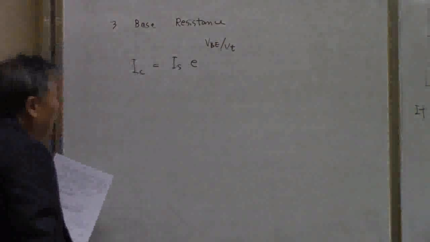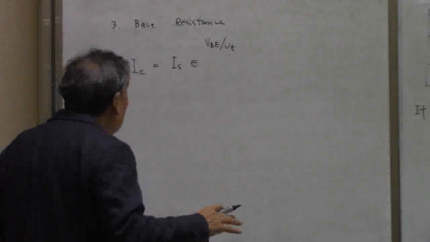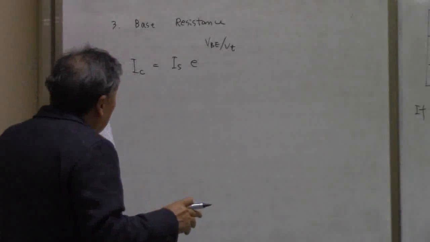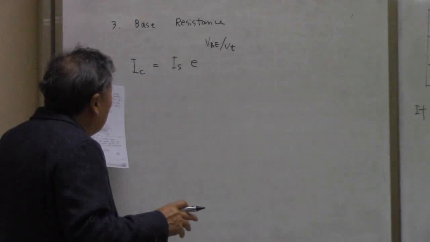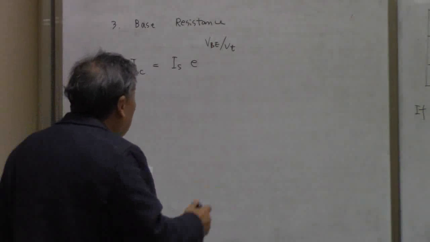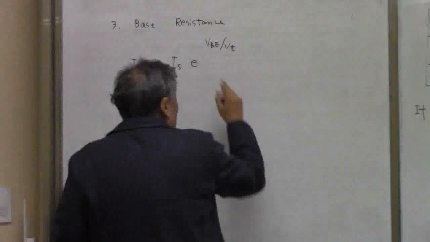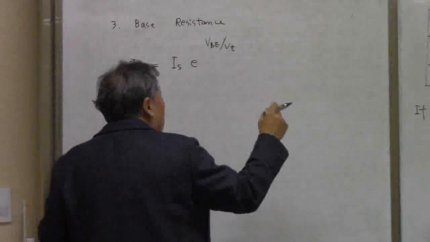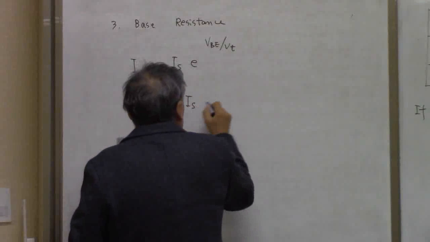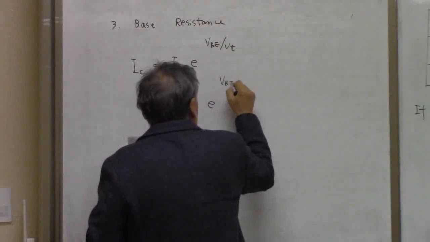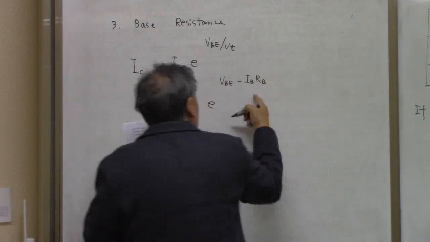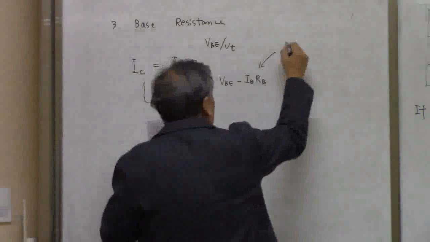That's the equation that we have when we ignore the base current. But if you have a significant resistance of the base, or you have a very high current, then actually the voltage that we apply between the base and emitter has to be changed to VBE minus IBRB. That is the IR drop.